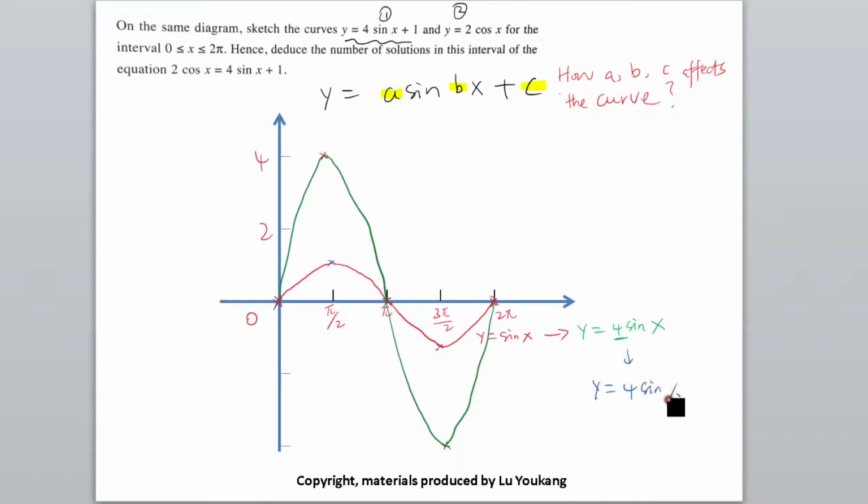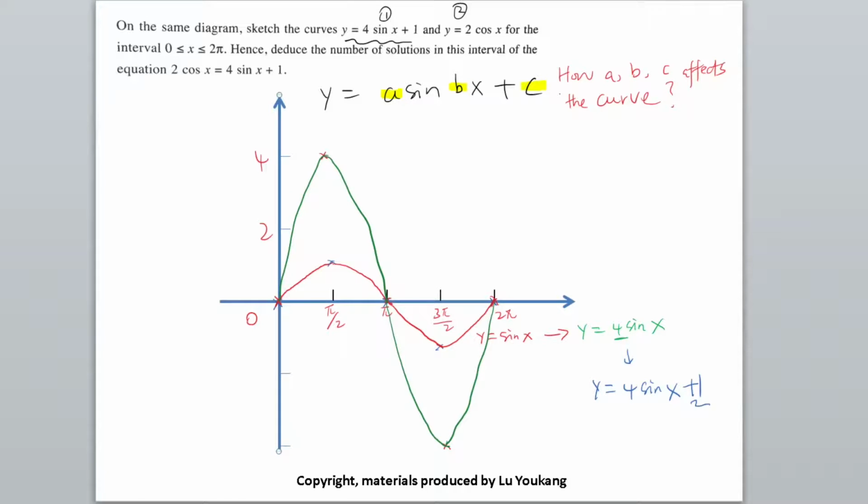And now let's add in plus 1, and this y equals 4 sine x plus 1 is what we are asked to sketch, in fact. So with a plus 1 at the back, that means we should raise every value by 1.